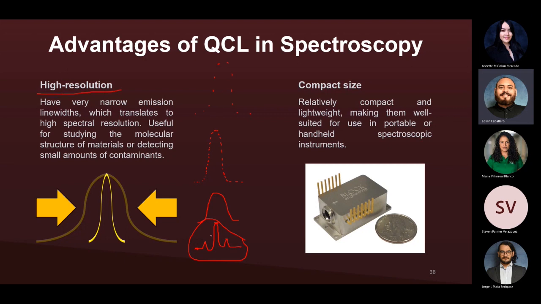The other thing is that it has a compact size. And as you can see here, this is a Quantum Cascade Laser that is the size of a coin, basically, of a quarter. However, this is from Block Engineering, which is one of the companies that we usually work with when we're working with QCL spectrometers.